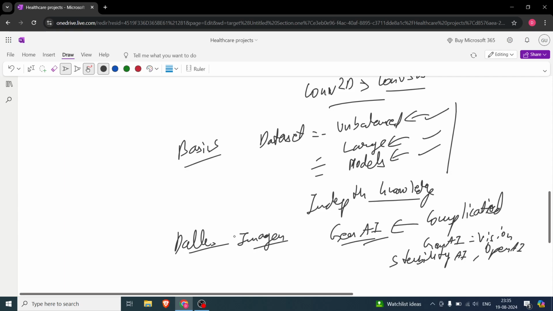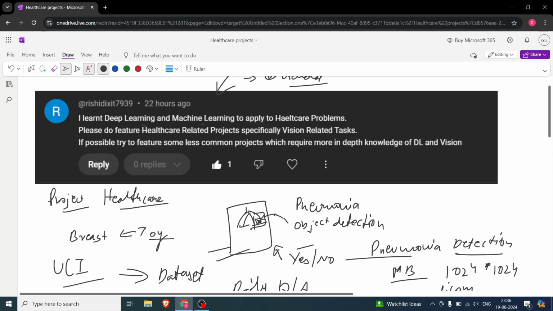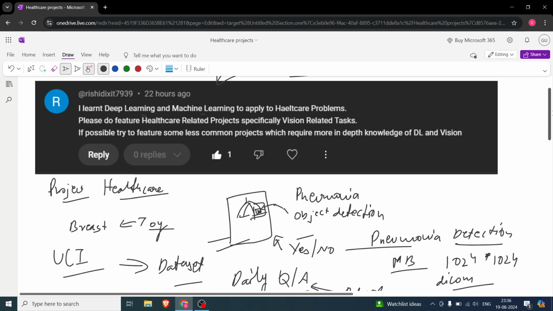These are image generating models. If you want to configure them in a way that you can use them for your own problem, it will be very advanced, but definitely a very interesting problem to solve. This is a very nice idea, but I need a little more clarity on this. So please continue asking these types of questions.